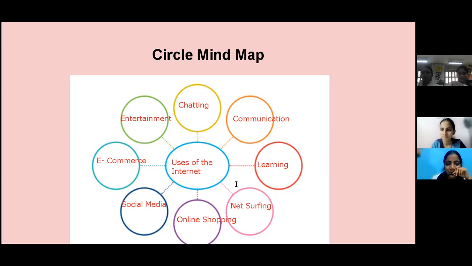Single click, double click, drag and drop, and right click. If I'm not mistaken, for ICSE, we have these four types of actions for a mouse. So you can use the circle map for showing them for a recap or anything. That way you can explain.